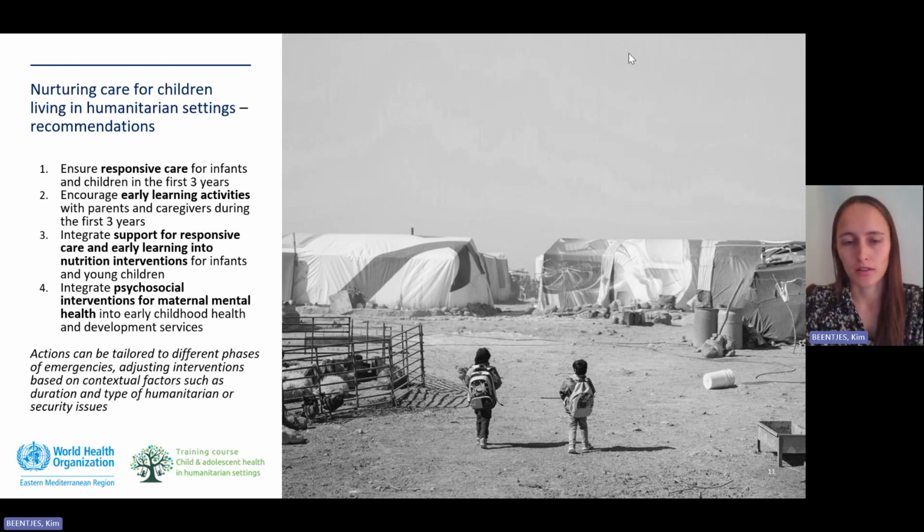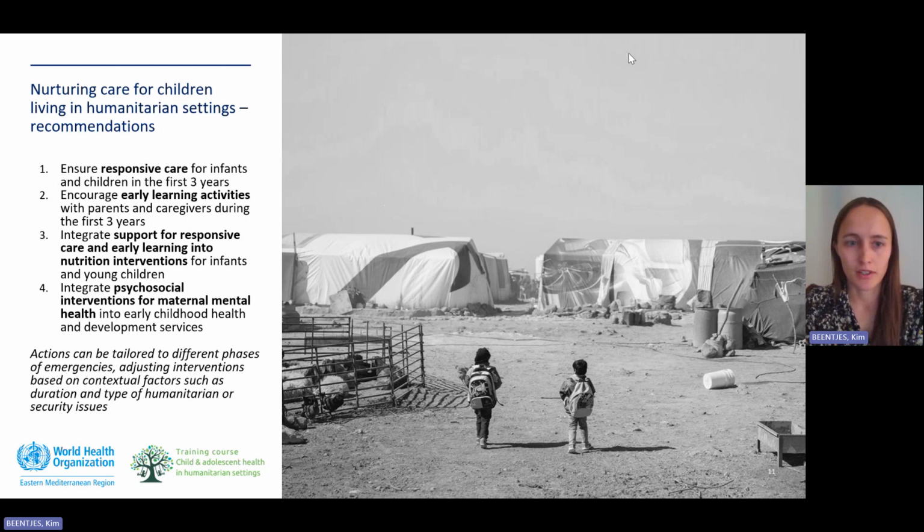These actions can be tailored to different phases of emergencies, and the interventions can be adjusted to contextual factors such as the duration and the type of humanitarian or security issues. So the first one is ensuring responsive care for infants and children in the first 3 years of their life.